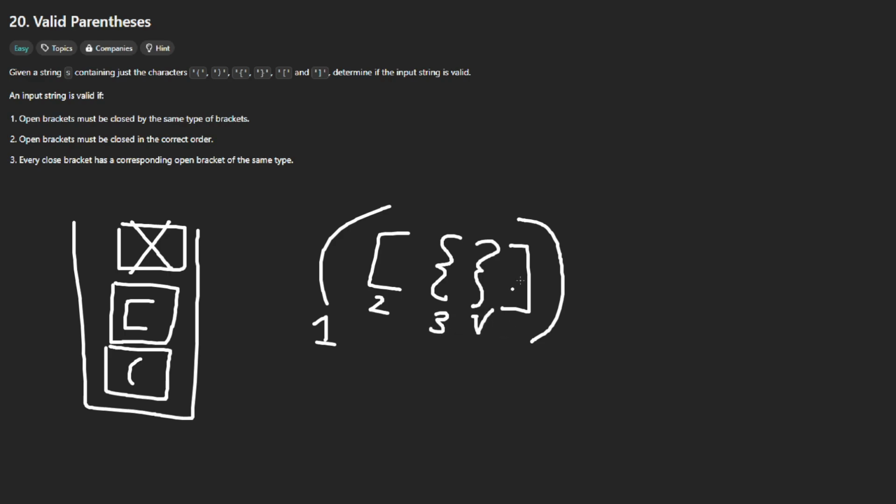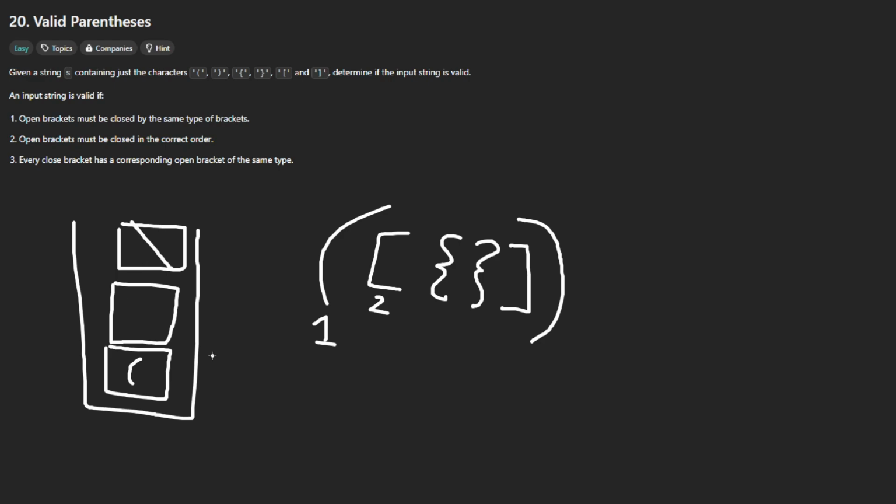We'll then have this one, and this and this match, so we can take this one out of the stack. This is correct. And then we'll compare this one, which also matches, so this is correct. Now that our stack is empty, we will return true, that our string is valid.